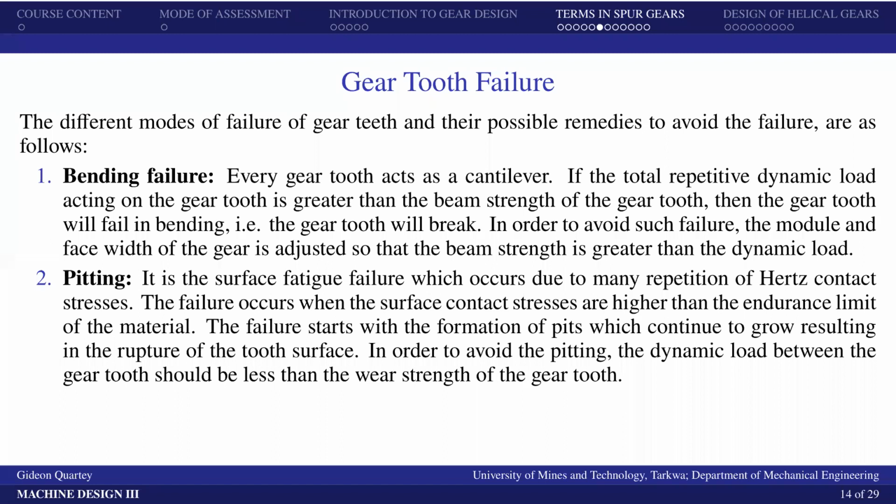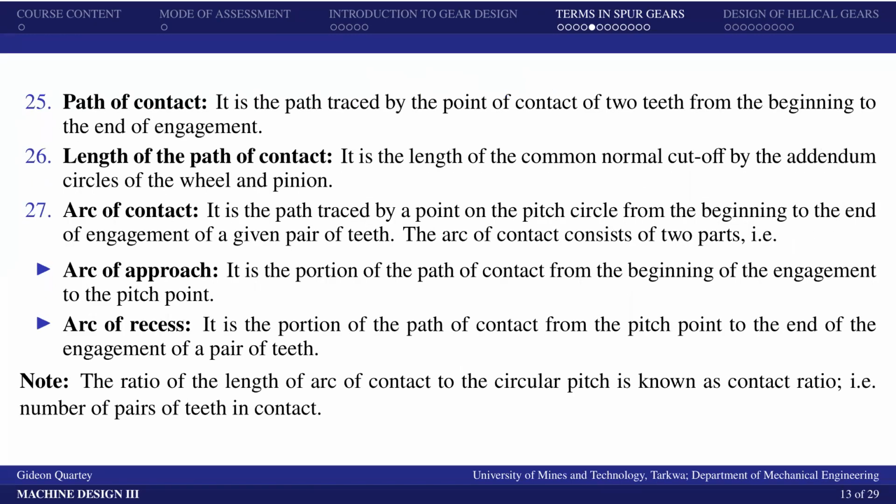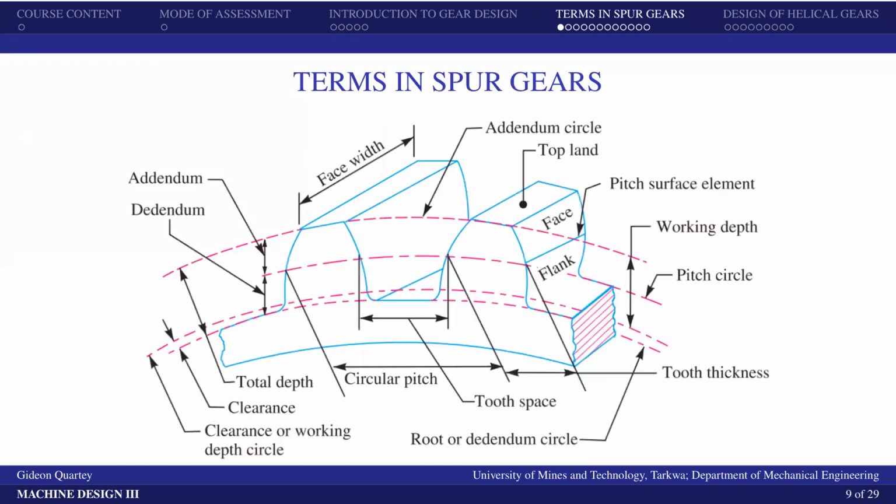But what we need to understand is that when gears are in contact, the tooth of a gear will be acting like a cantilever, okay? Because you will see that one end of the gear is free, meaning that it's hanging. Let's look at this one here.